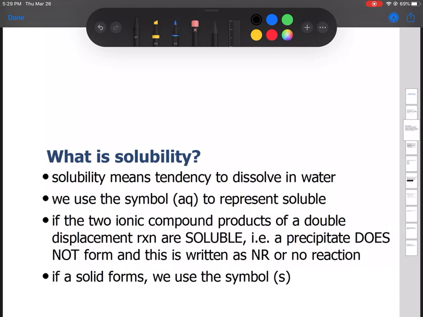Okay, so this is a topic that's not going to go away. So you really have to make sure that you're able to use the solubility rules in order to predict whether something is going to dissolve in water. So the symbol AQ represents whether something is soluble, and then if something is going to be a solid, then we're going to use the symbol S. So similar to single displacement, you can get no reaction if there is no precipitate formed.